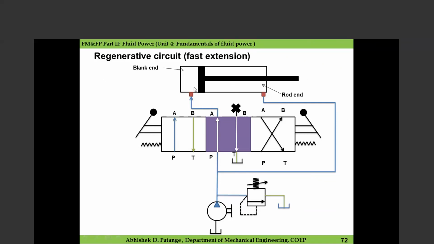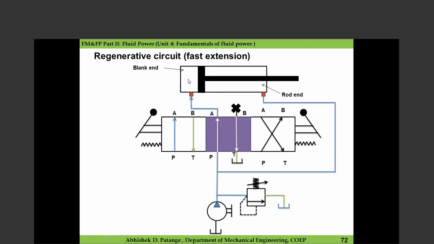So the pressure being exerted in this direction from the blank end, according to Pascal's law, will be transmitted throughout the system equally. That means the piston will experience pressure from both sides, because the rod end side is again connected to the pressure line.